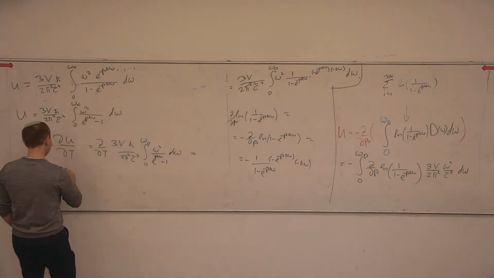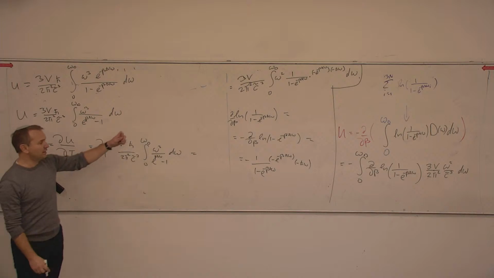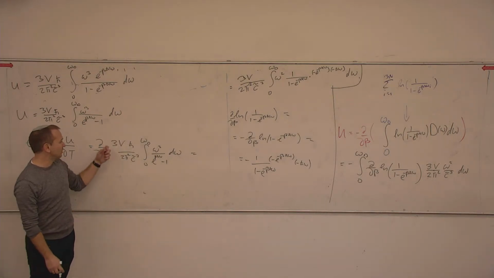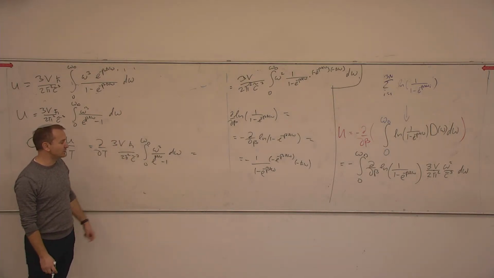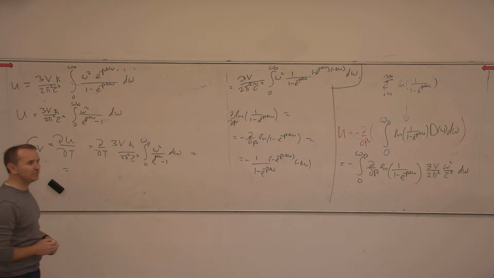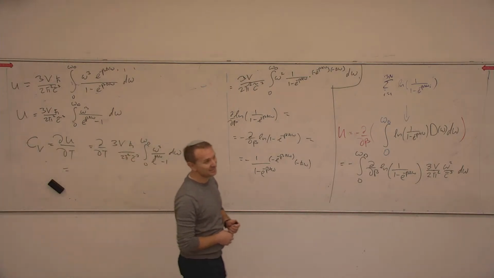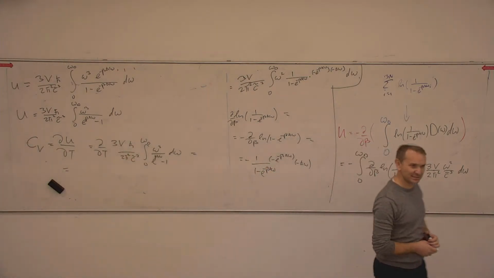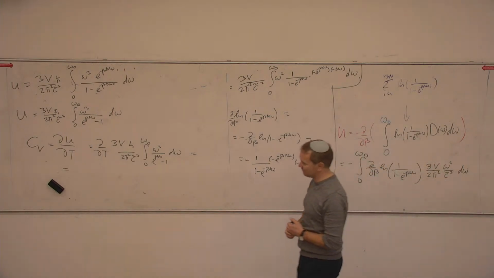Now again, the same trick. Omega_D is independent of the temperature. All of this is independent of the temperature. Why is the speed of sound independent of the temperature? We assume that it's independent of the temperature. Those are the elastic properties, so the elastic properties are independent of the temperature.